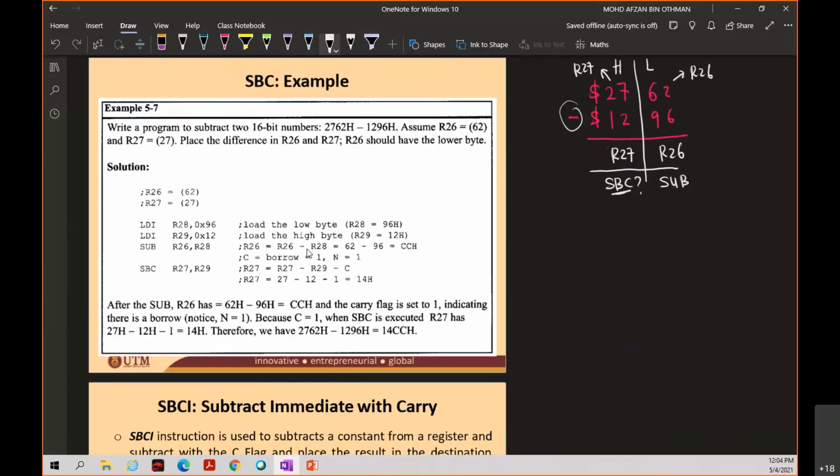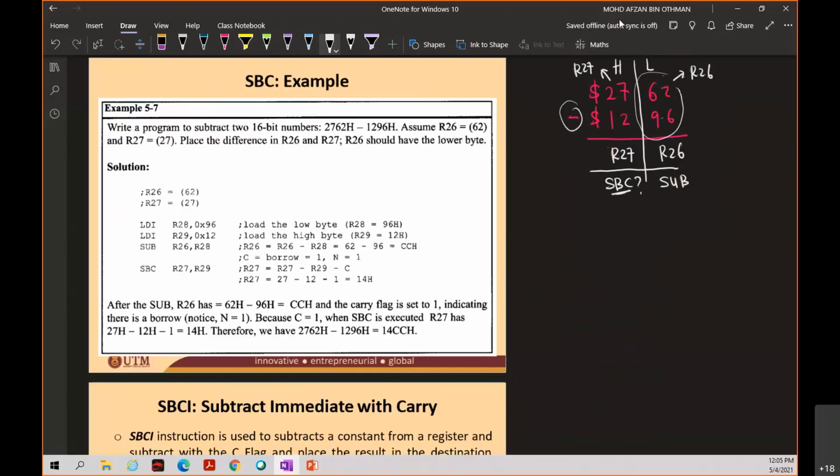Because we will put the carry in the higher part. Okay, correct. Because sometimes, when you do the low byte subtraction, you need to borrow from the higher byte. You see here, the top number is smaller than the bottom number, so you need to borrow from your higher byte.